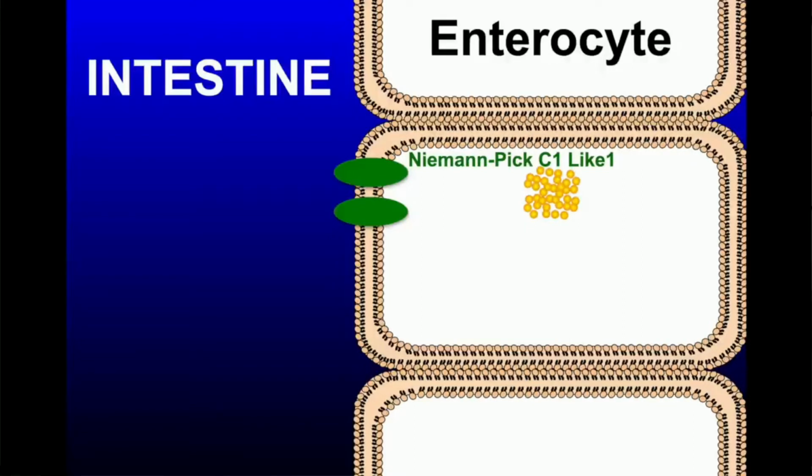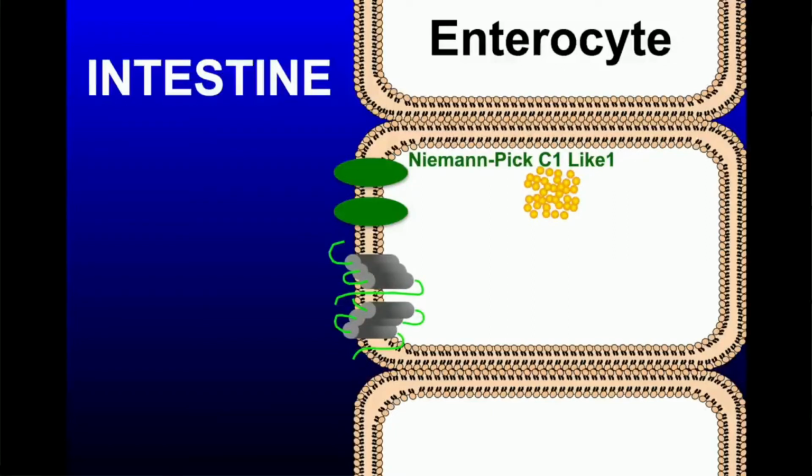The Niemann-Pick is what we call a cholesterol influx protein. It brings cholesterol from the gut lumen into the enterocyte. There's a parallel receptor that sits very close to it on the cell membrane between the enterocyte and the gut lumen, the exact place where the Niemann-Pick also sits, but they're different receptors.